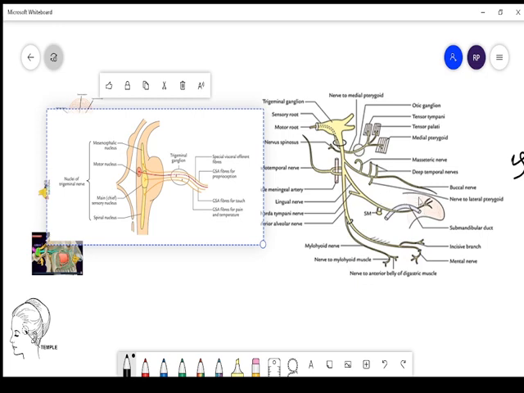So this lingual nerve brings the general sensation, that is pain, touch, temperature, from anterior 2/3 of the tongue and goes to the central nervous system. But the taste sensation from anterior 2/3 of the tongue is brought by the chorda tympani, that is part of the facial nerve, the 7th cranial nerve.